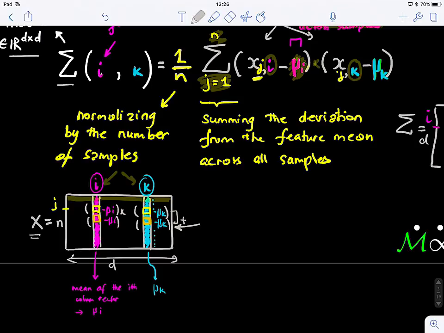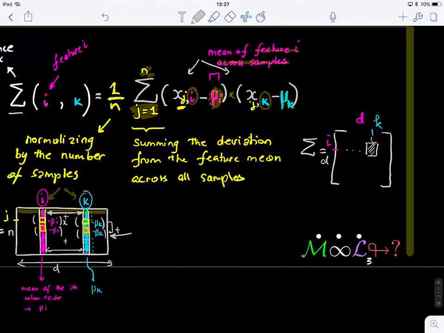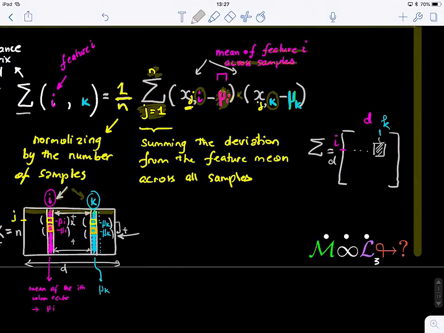It's basically a row-wise multiplication of these column vectors. So we multiply and sum until the last element, and that's how we get the covariance between the ith feature and the kth feature of our data, this element right there.